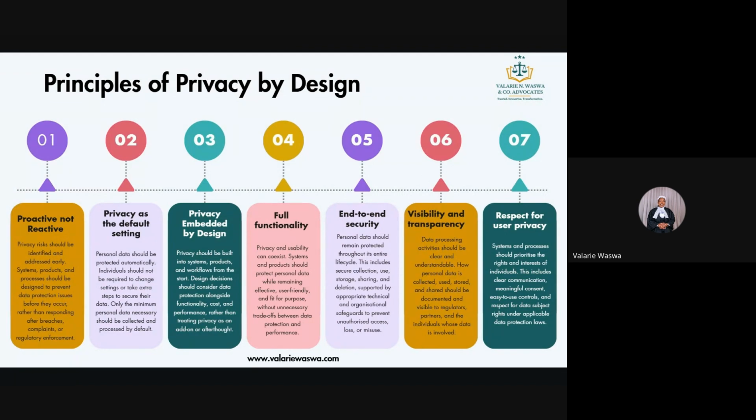And there are also many other rights of data subjects, like the right to have access to the data as and when they want to, the right to ask for deletion of said data, the right to correct said data, etc., etc. I don't want to digress, but what I mean is that you need to have a rights-based approach when you talk about privacy. So systems and processes should prioritize the rights and interests of individuals.